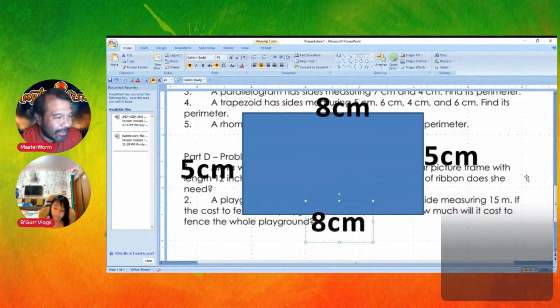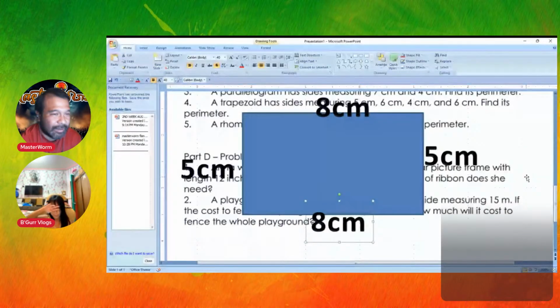In order to make it easy, 8 plus 5, how much? 13.